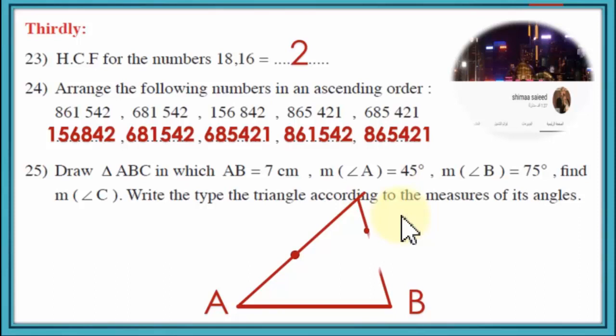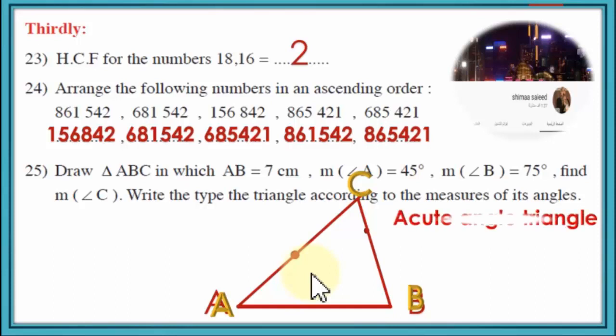Now you draw triangle ABC with AB equals 7 cm and measure of angle A equals 45, measure of angle B equals 75. The type of triangle is acute angle triangle, because measure of angle C equals 60 degrees.